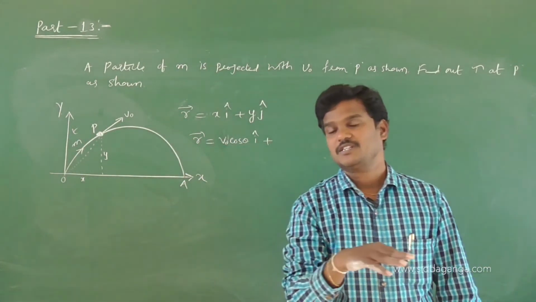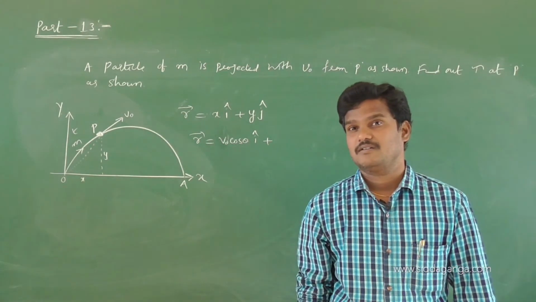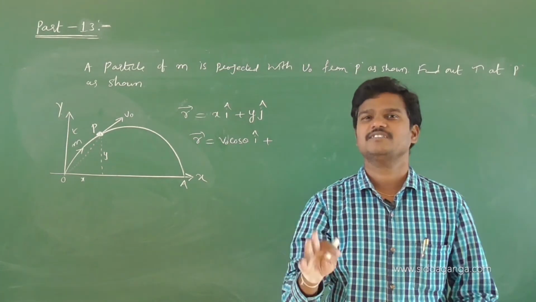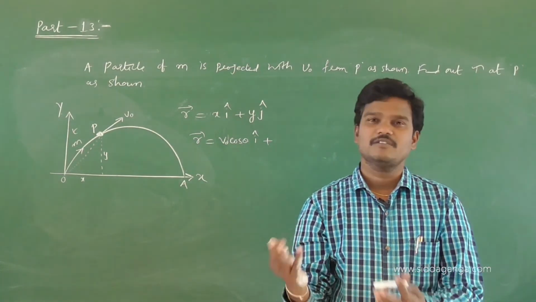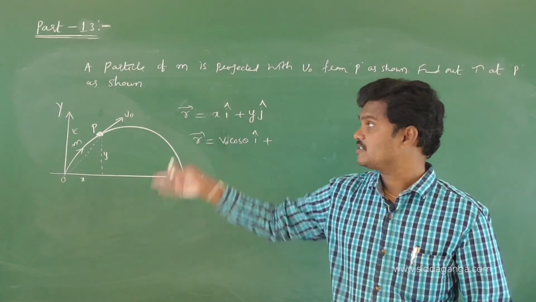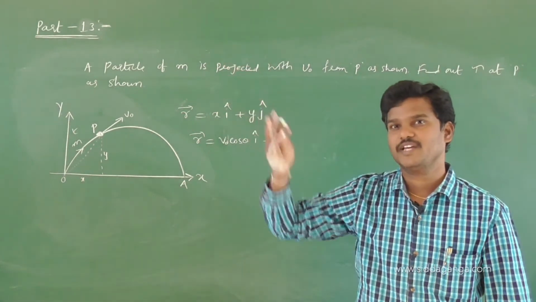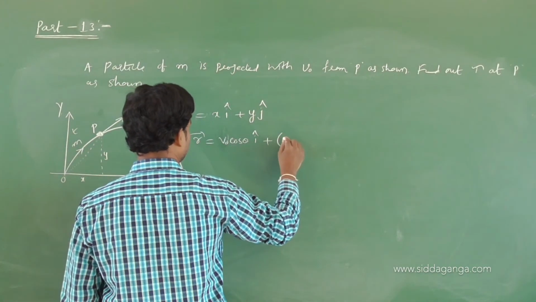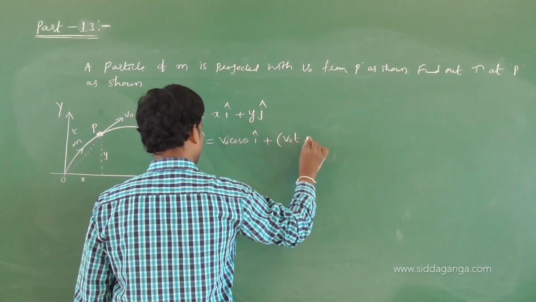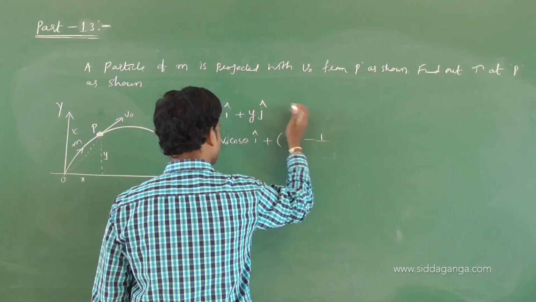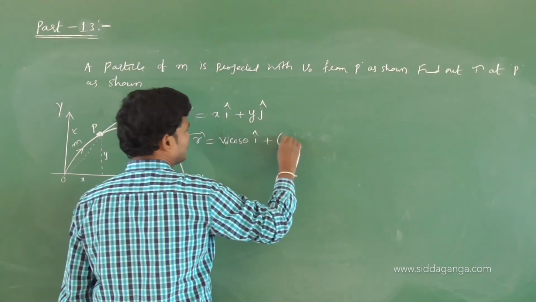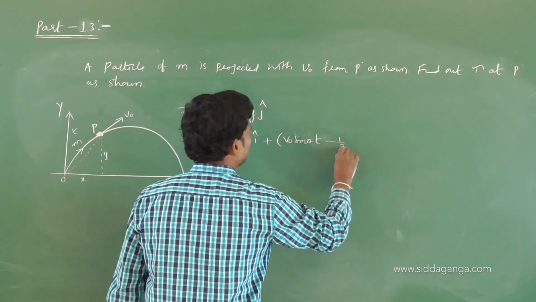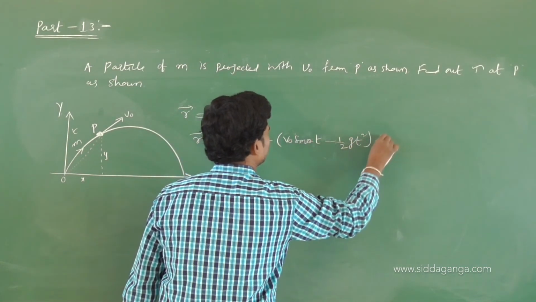The horizontal component is u cos theta. Vertically, y is equal to ut plus half a t square, but here a is minus because the particle is thrown into the air, so ut minus half g t square. U is the vertical component v naught sin theta, so v naught sin theta t minus half g t square j cap.